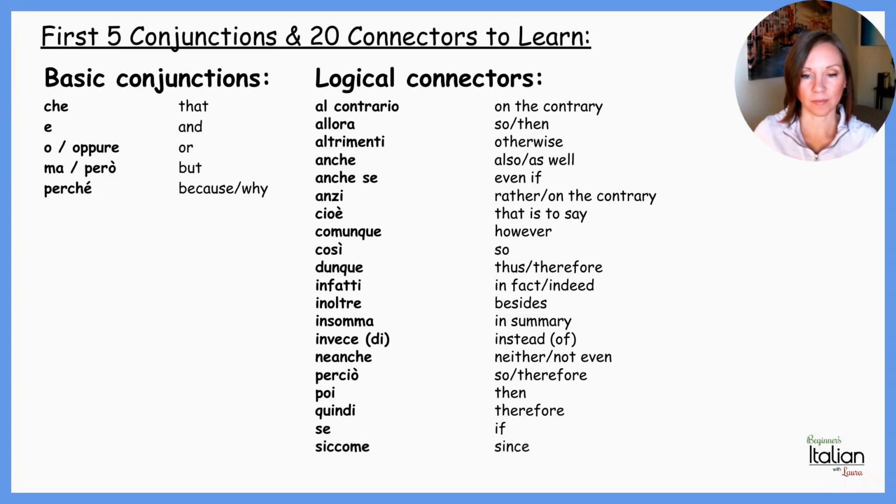Siccome, siccome is since. And there you have it. These are a good start to get you started on your connecting words so that you can start to build longer thoughts and longer sentences.